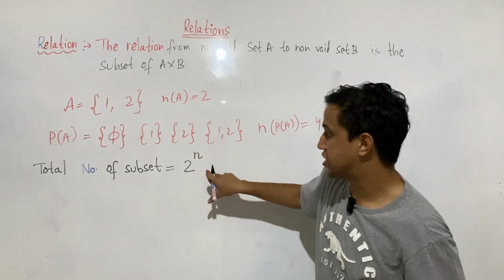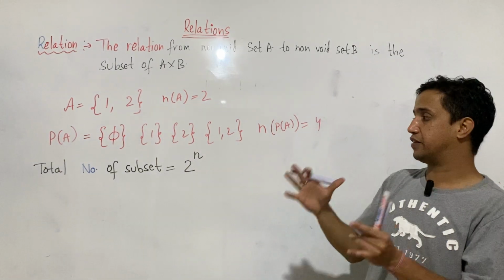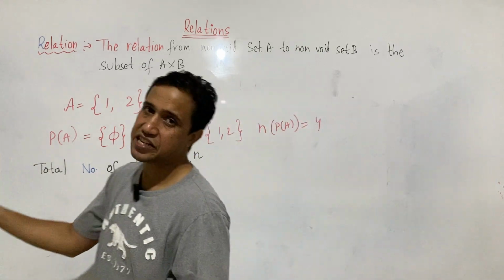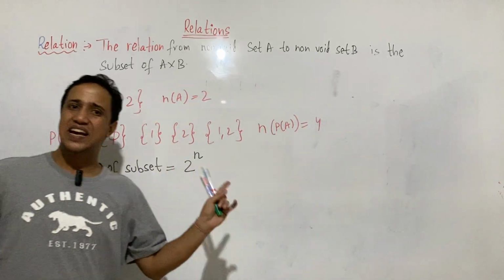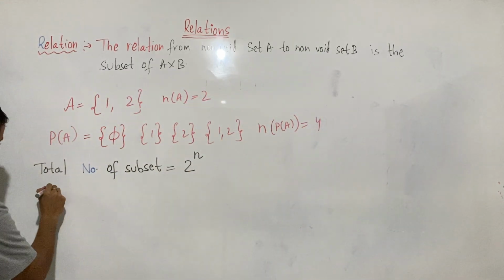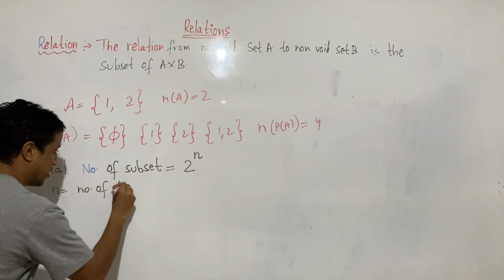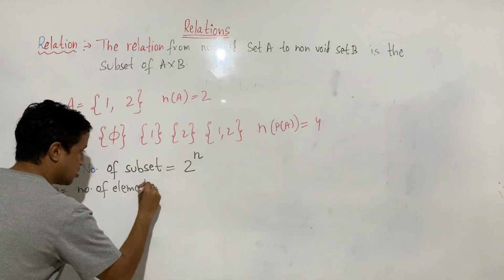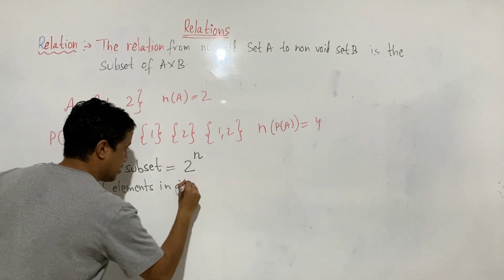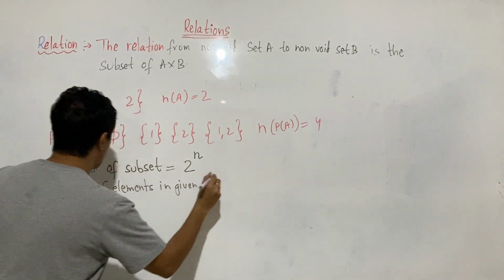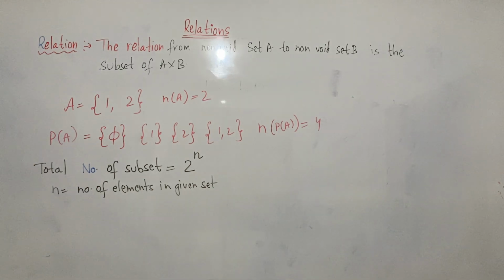Just remember that if you want to find the total number of subsets for any given set, where n represents the number of elements in the given set, then the total number of subsets is 2 raised to power n.